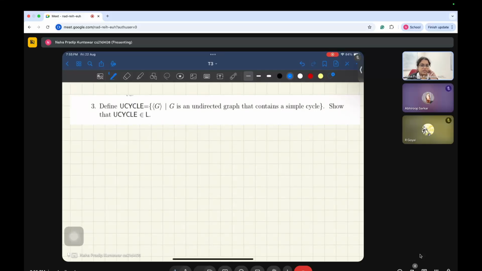Okay, let's try this last example for L. So you have an undirected graph G, which need not be connected. It could be disconnected, and you want to check whether it has a simple cycle.